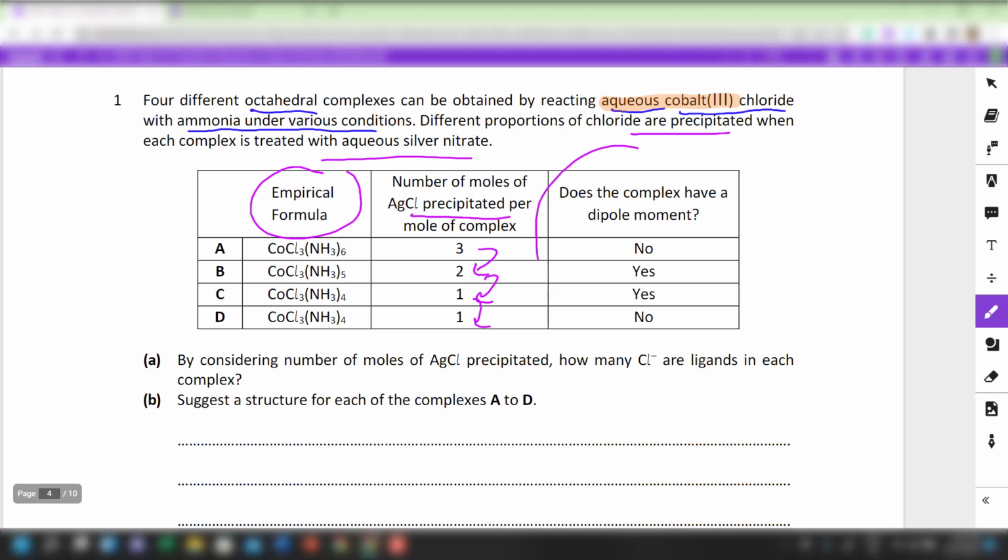The last column is not very important right now, except towards the last part where we need to draw out the structure of the complex, or rather for part B.